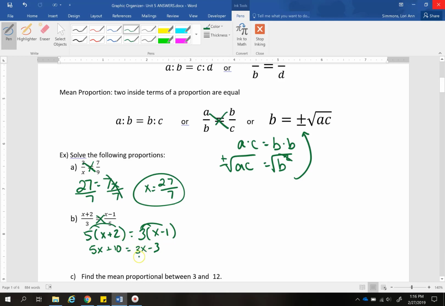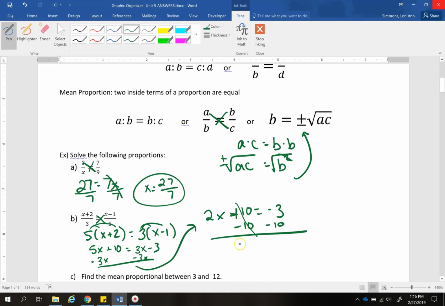Now we have no more parentheses, so let's combine like terms. I'm going to get the x's over here. So 5x minus 3x is 2x, plus 10 equaling negative 3. Subtract 10. This will cancel because it's 0, so we don't need to write that. Equals negative 13.